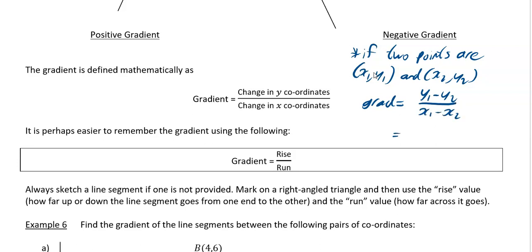The way I say that is a y diff, which stands for the y difference, over the x difference, and that's probably what I'll be talking about in this video.